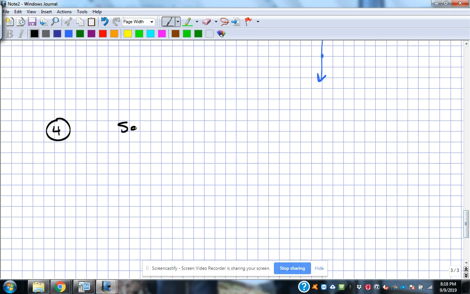pretty basic sound in here, square root. The square root function, f of x, is equal to the square root of x.